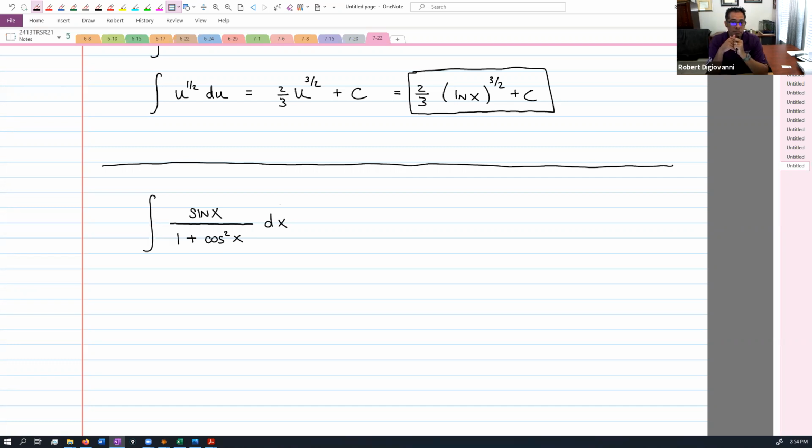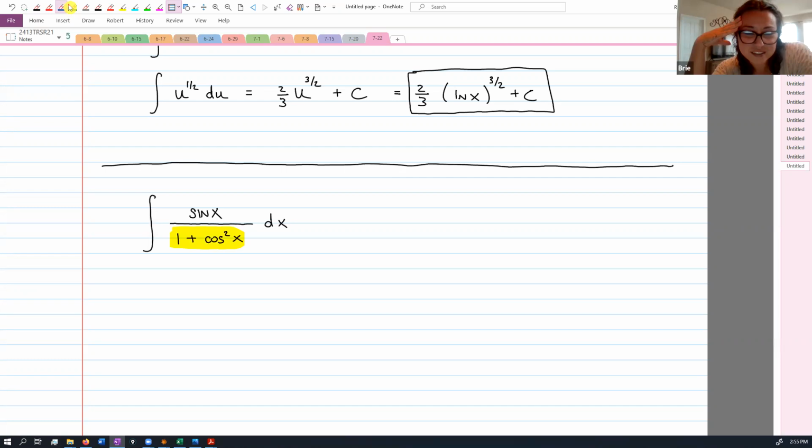Bree, what do you see? Do you see something in its derivative? 1 plus cosine squared x is equal right there. So is that what you're saying? Maybe your something is that?